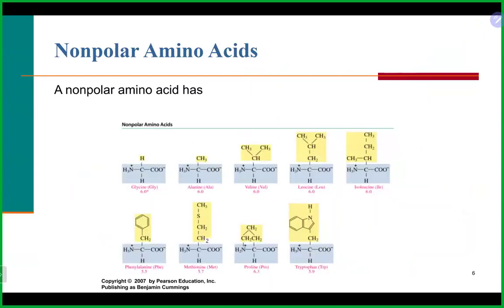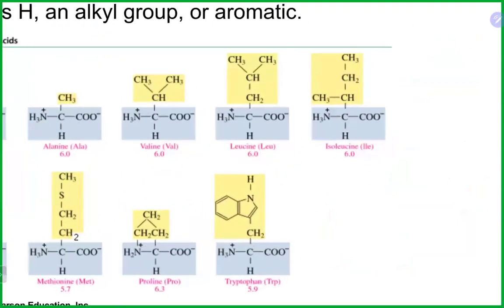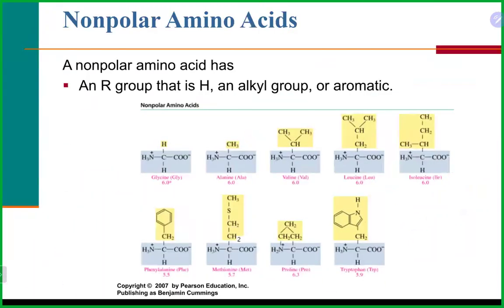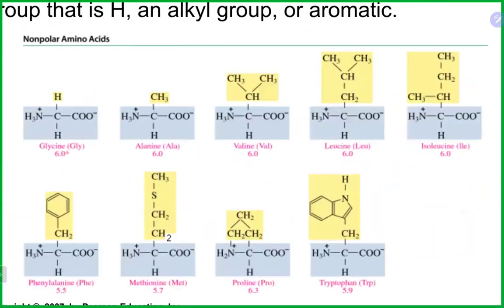So here are some pictures similar to what you'll find in your book and our classification. These are all non-polar amino acids, and for the most part, most of them are just carbons and hydrogens. We do have a nitrogen over here, but that is just a lot of carbons and hydrogen.